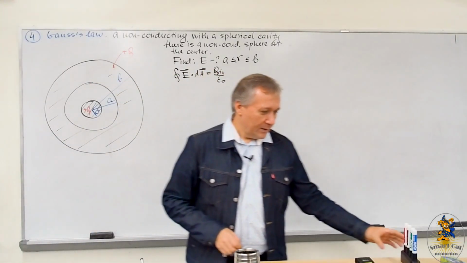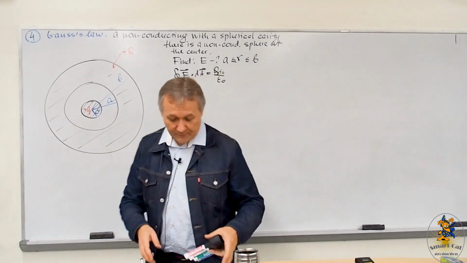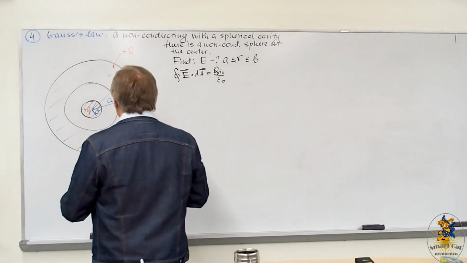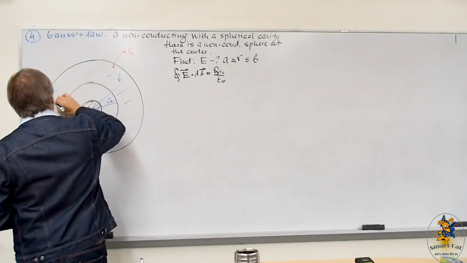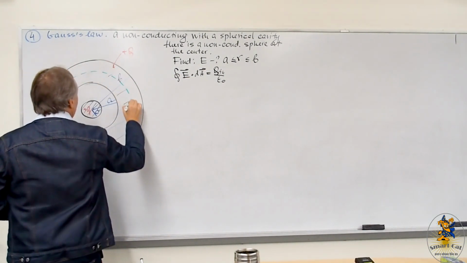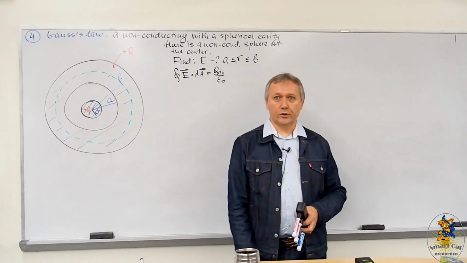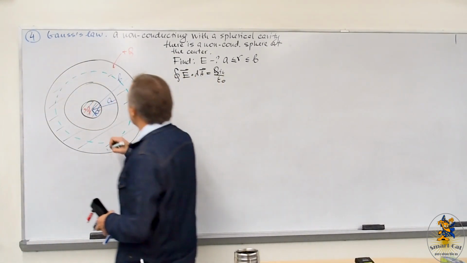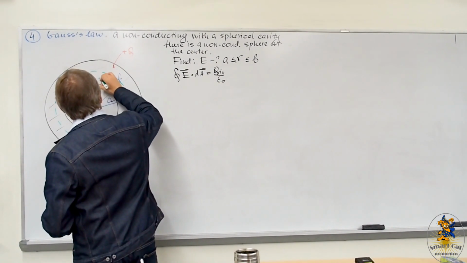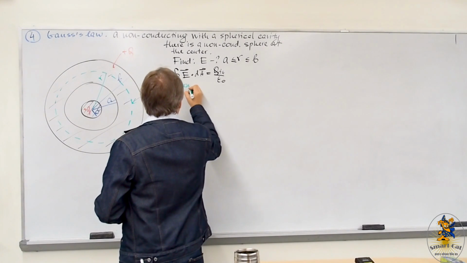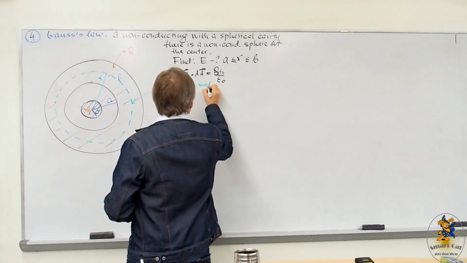Because it's an unnecessary mistake. All right. Okay, so since we're interested in the electric field over here, of course, I will pick my Gaussian surface in that region of some arbitrary radius r. So that's my Gaussian surface. So let me show it. Gaussian surface.